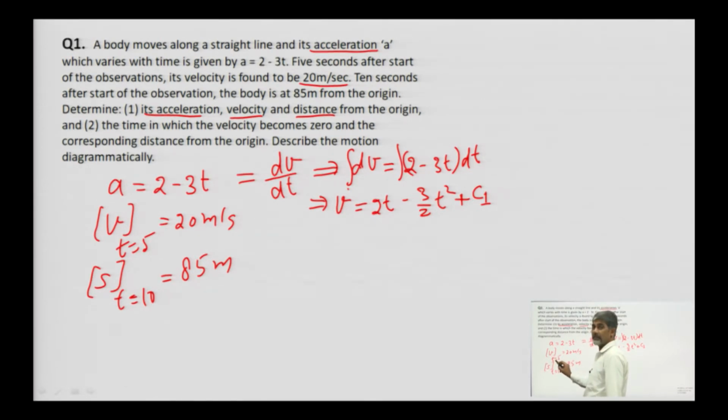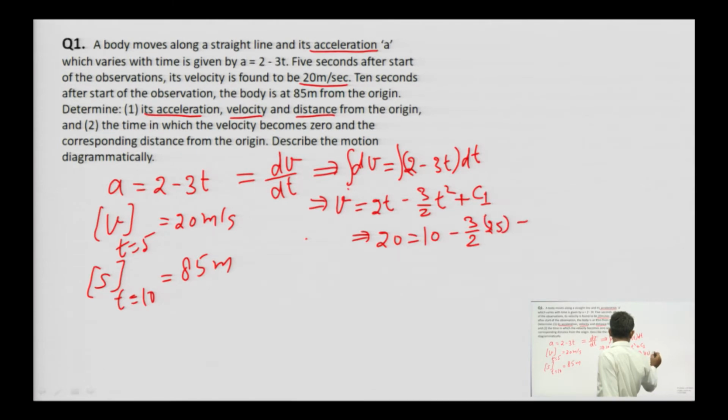Velocity at time t equal to 5 is 20. So, using this, 20 is equal to, t equal to 5 means 10 minus 3 by 2 times 5 square, 25, plus C1.